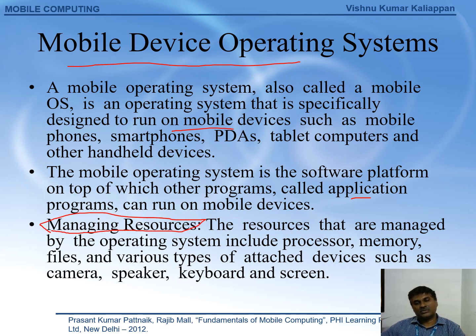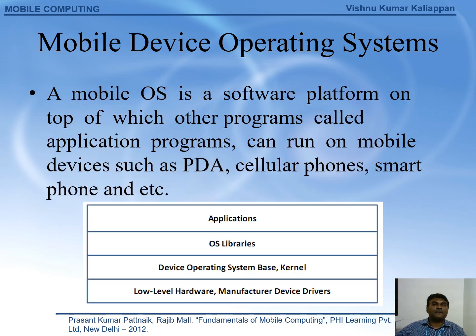Resources are always constrained in a mobile operating system. We have very limited processing power, memory is very less, and over and above we are utilizing a battery backup. So managing resources is utmost important in a mobile operating system.